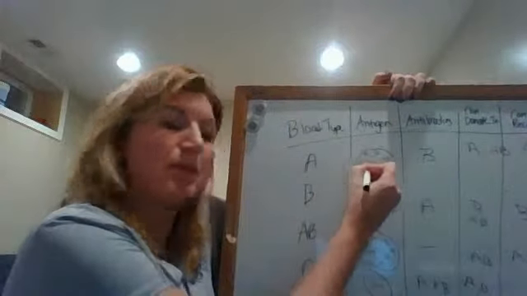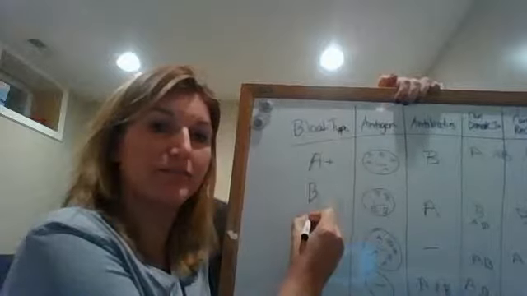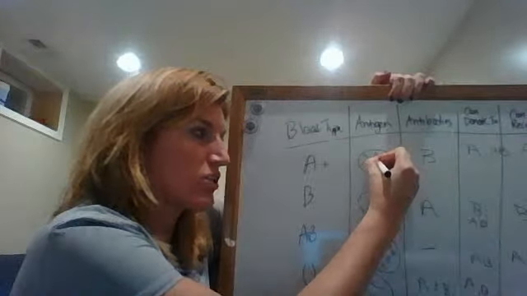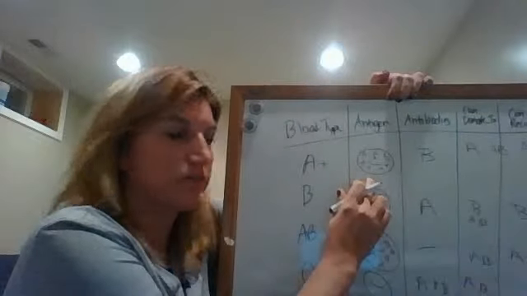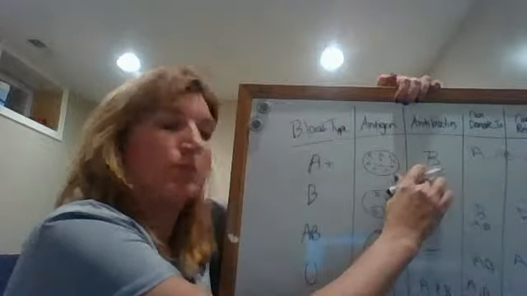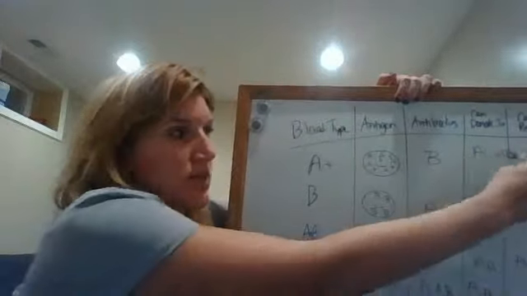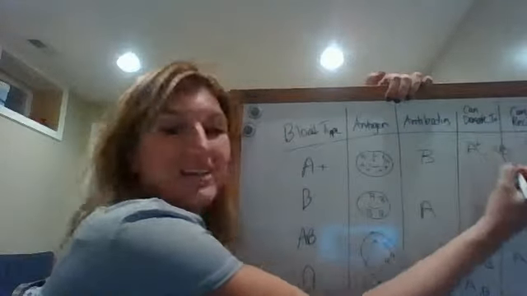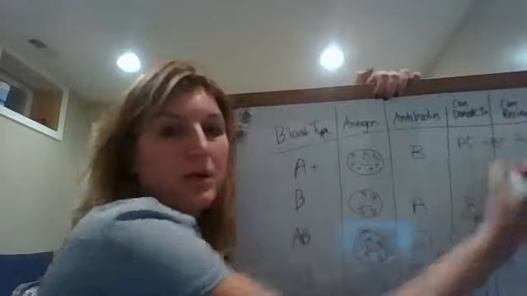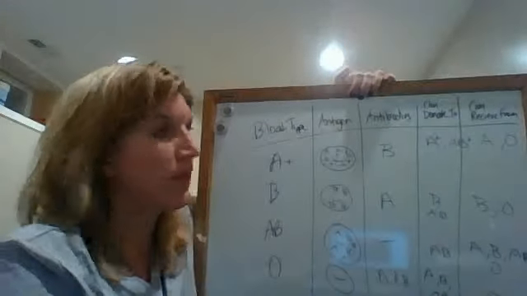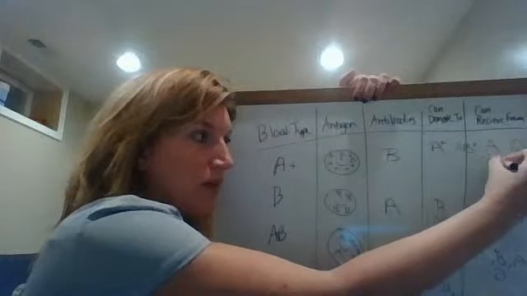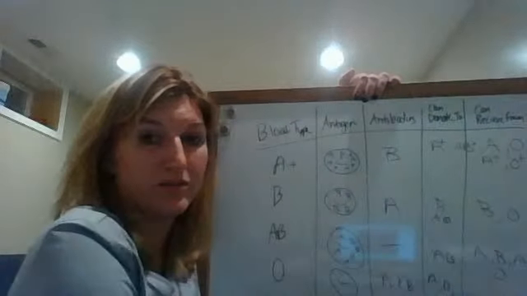So that means that people that are A positive have this A and this extra RH factor on their blood cells. They will produce B antibodies, and same thing here. But they can only donate to other A positive and AB positive people. They can receive blood from A, from O, from A positive, and from O positive.